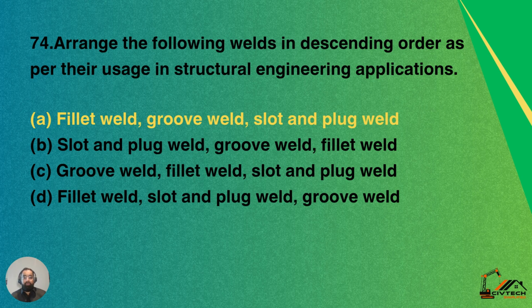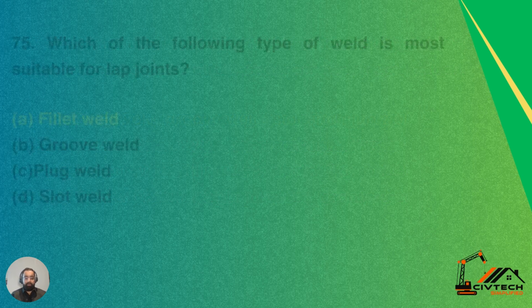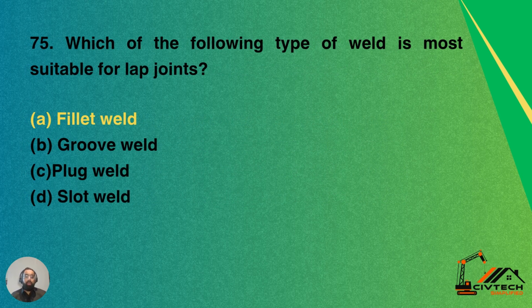Option B. Slot and plug weld, groove weld, fillet weld. Option C. Groove weld, fillet weld, slot and plug weld. Option D. Fillet weld, slot and plug weld, groove weld. So A is the correct answer. Fillet weld, groove weld, and then slot and plug weld.